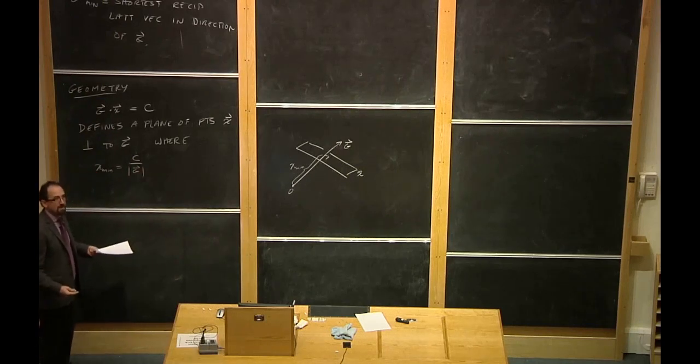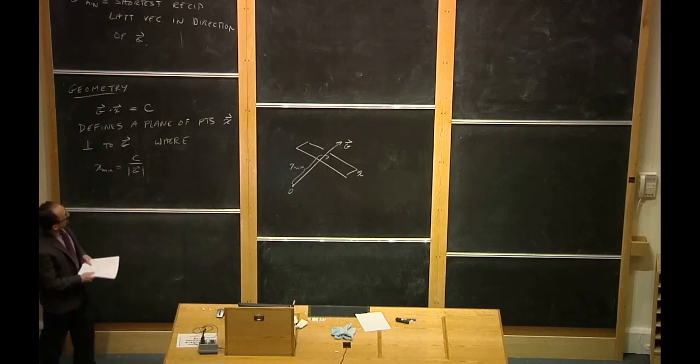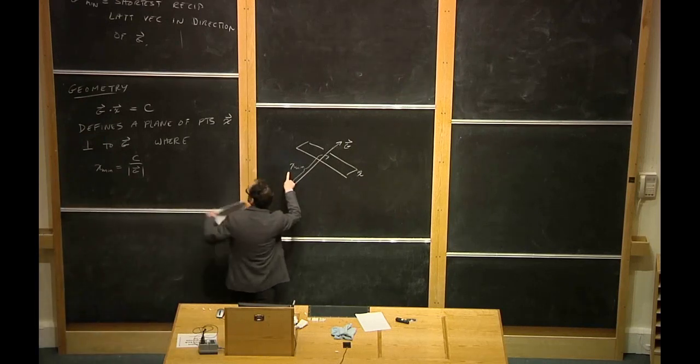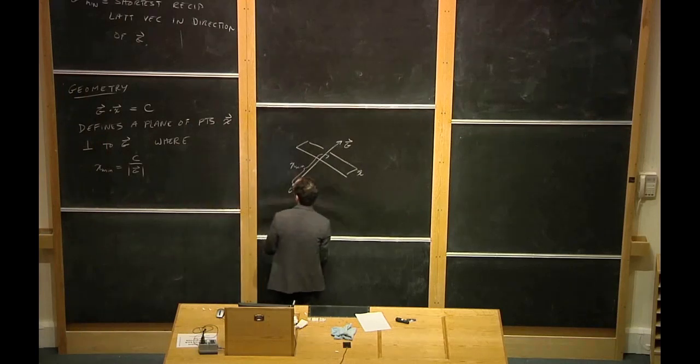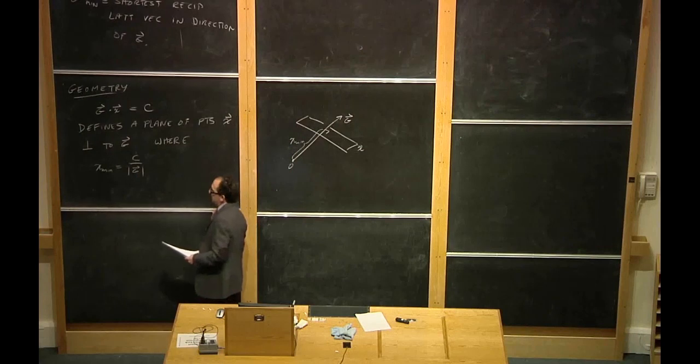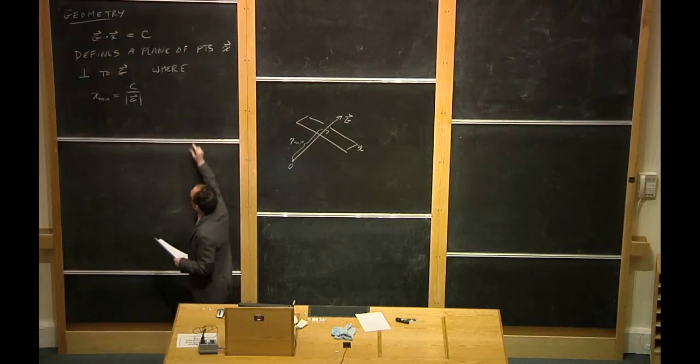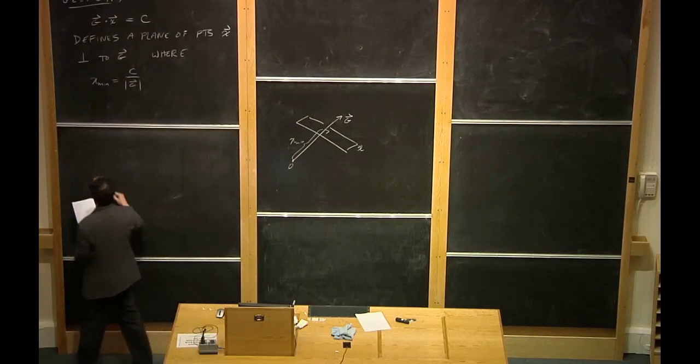Does it look reasonable? Yeah? So the x min here is c over absolute G if we're defining the plane by G dot x equals c. Okay, so that's how we're going to define a plane. Now we're going to define a set of planes.